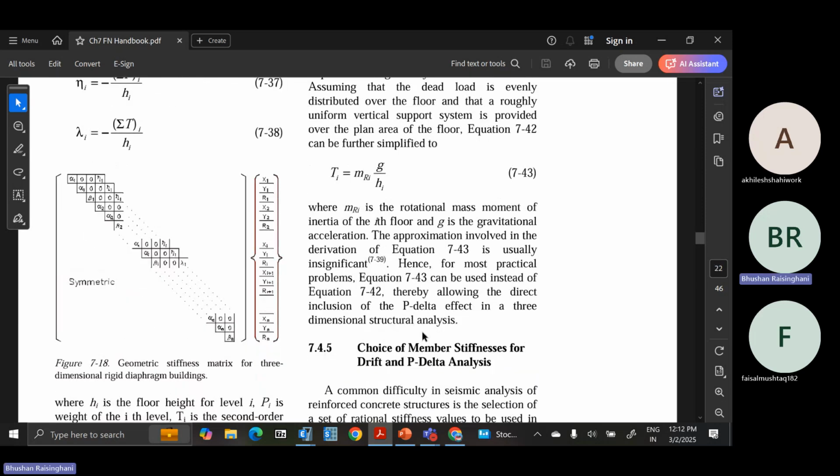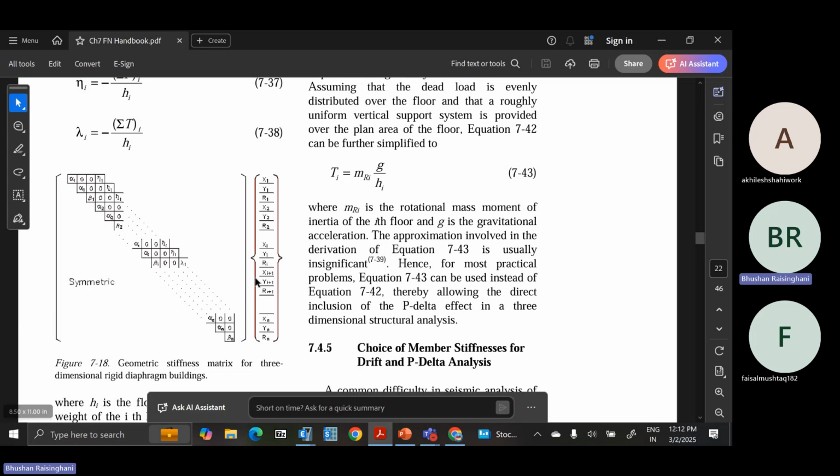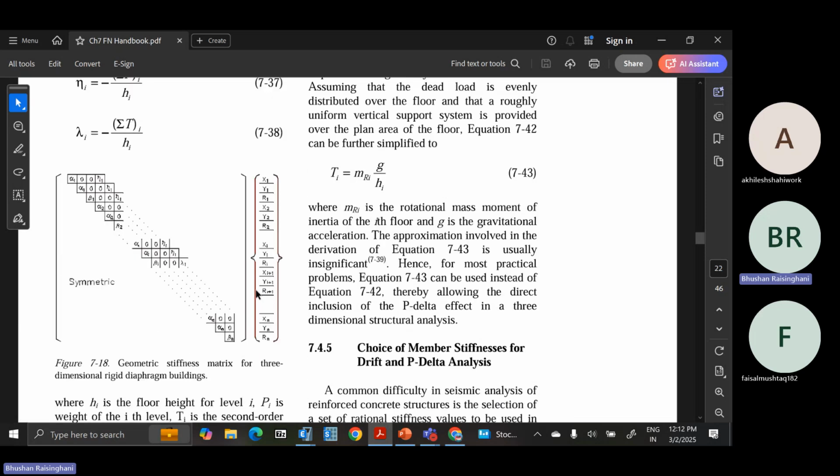So this is the entire generation of the matrix. Geometric stiffness matrix for a three-dimensional rigid diaphragm building, how it is to be obtained. So alpha 1, 0, 0, eta 1, alpha 1, 0, 0, eta 1, beta 1, 0, 0, eta 1, alpha 2, and beta 2. So this way, in general, it has been written. If you go into more depth of it, so x1 y1 r1, x2 y2 r2, right?